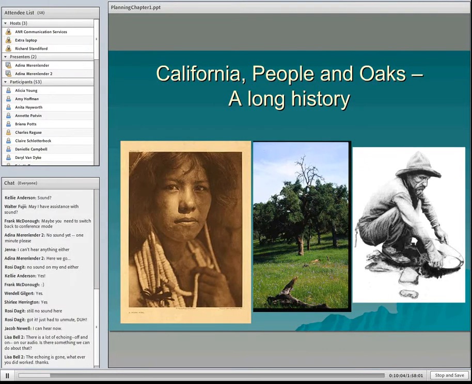And so as you deal with different interests of people that want to utilize oaks or exploit oak woodlands for any reason, that's the biggest thing that's changed since the early Europeans, and certainly since the gold rush, when things changed dramatically.